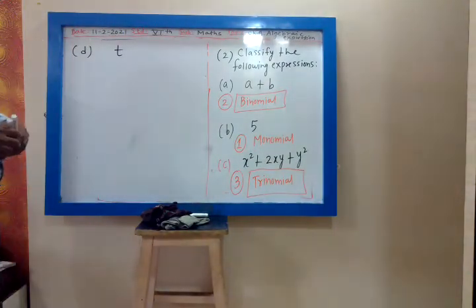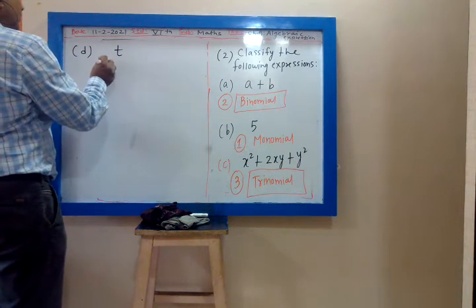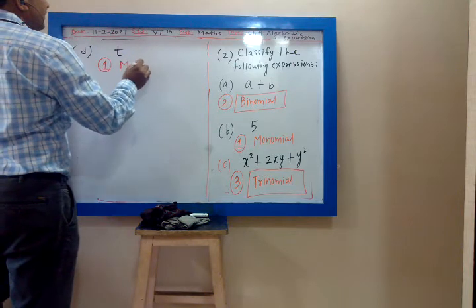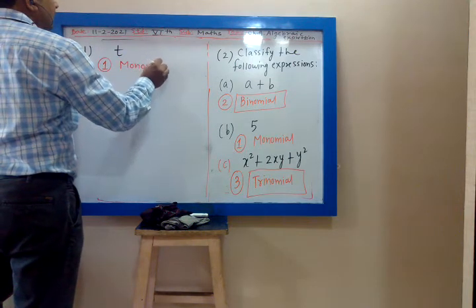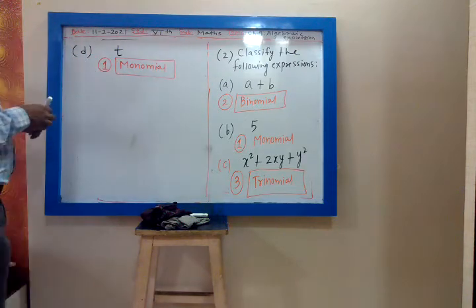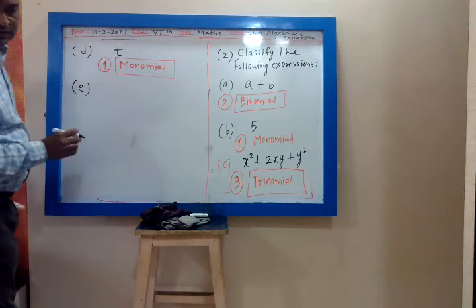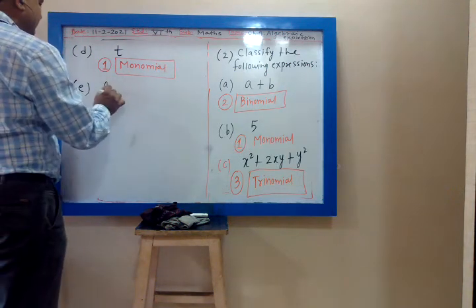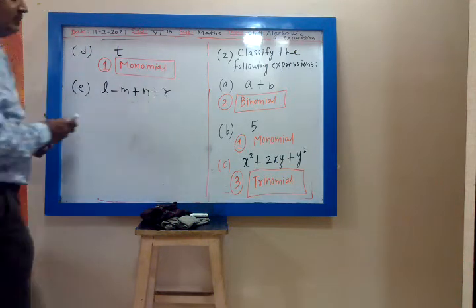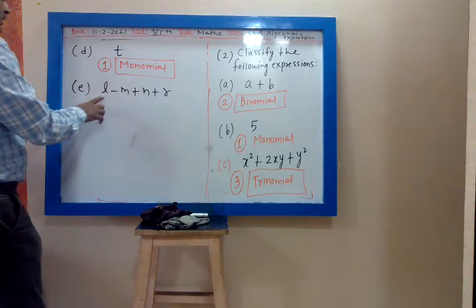Then D is T. T is having how many terms? 1 term. So it is monomial. It is right. Then E is L minus M plus N plus R. My dear, how many terms? 4 terms.